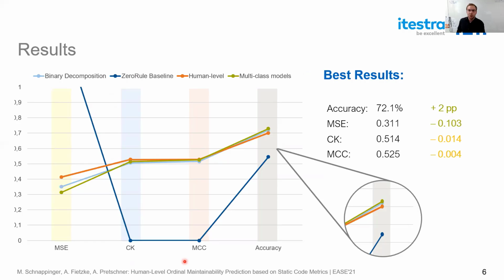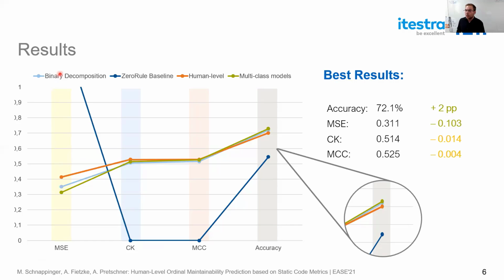A zero rule baseline is a dummy classifier that just always predicts the most frequent class. So in our case, that classifier just constantly predicts this code is easy to maintain. And that yields to a Cohen's kappa of 0, and Matthews correlation coefficient of 0, and accuracy of 54%, and a mean squared error that is like off the chart.